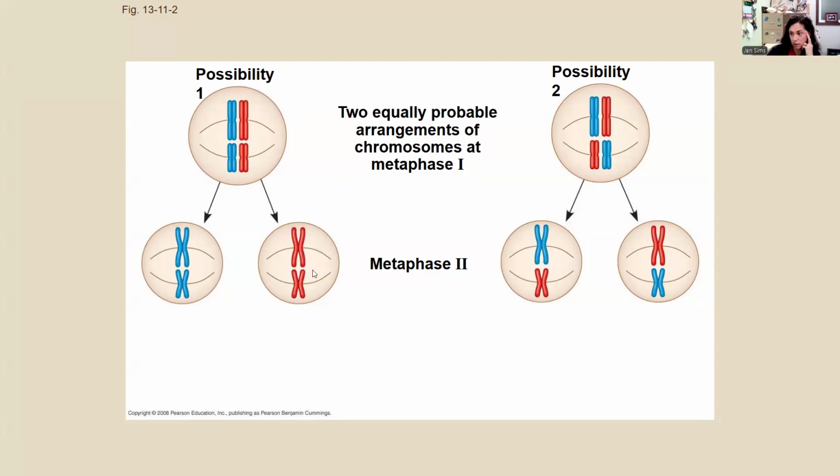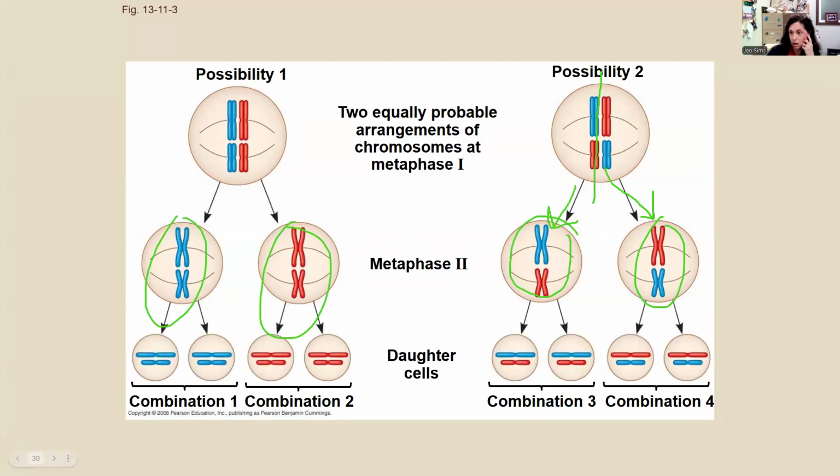Homolog went here, homolog went there. Homolog went here, homolog went there. And then here we split homologs, but look, they just lined up differently. So homolog, homolog, but look, you've got male, female, maternal, paternal, okay? And now we're going to do it again.